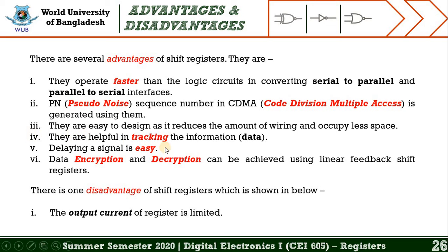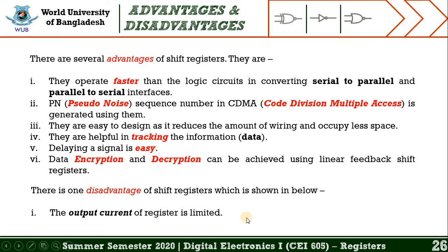They are helpful in tracking information, which is data. Delaying a signal is easy. Data encryption and decryption can be achieved using linear feedback shift registers. There is one major drawback of shift registers, which is that the output current of the register is limited.